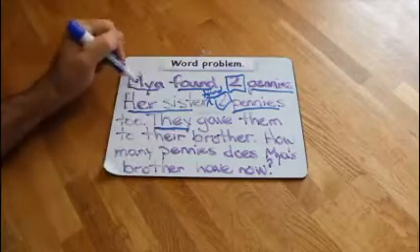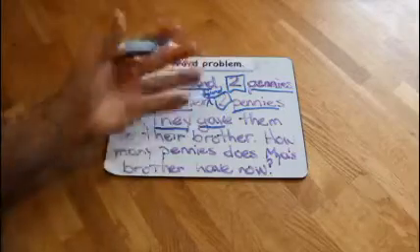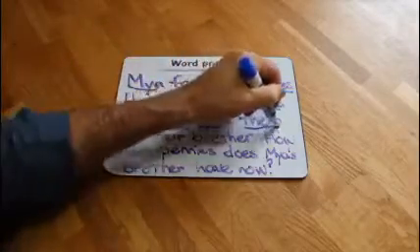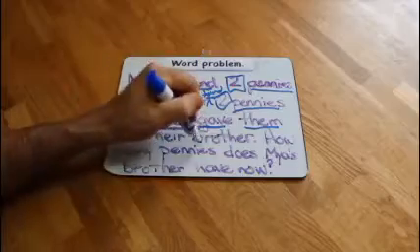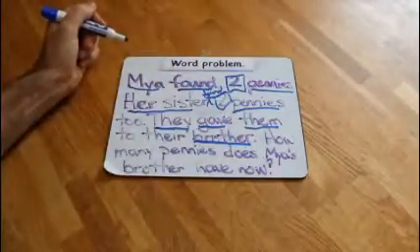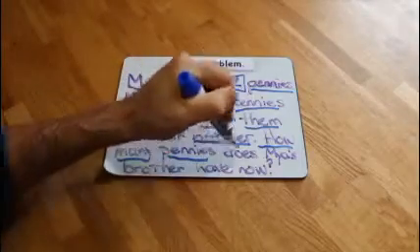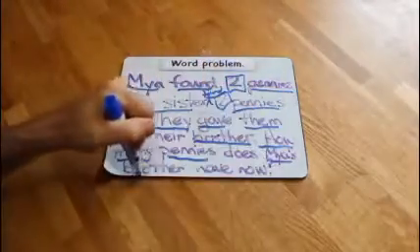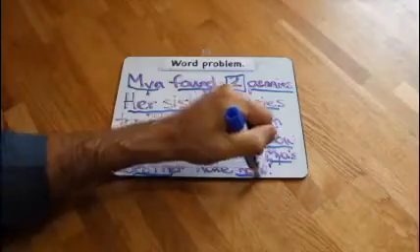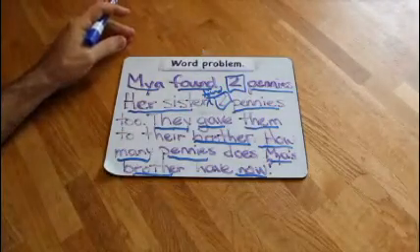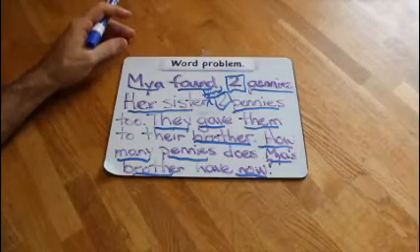They, being Maya and her sister, gave them, being the pennies, to their brother. Okay? How many pennies does Maya's brother have now? Okay, there's a lot of information there, but we can work this through.